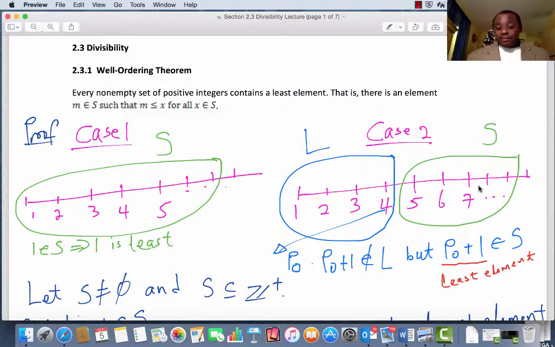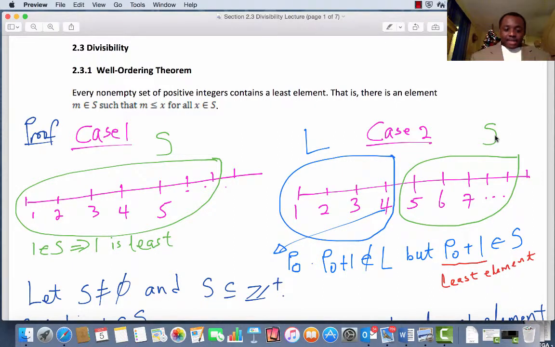S has to be empty because L and S have no element in their intersection. So if L is Z plus, that means S has to be an empty set, which contradicts our assumption that S cannot be empty. So that would force P0 plus 1 to be in S. And that would be the element we're looking for, the least element in S.